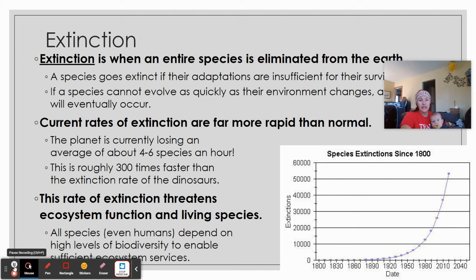So all of these species really affect or are really influenced by high biodiversity. So for humans, we might think like, oh, biodiversity of natural systems, that doesn't matter to me. But it does, because that's where we get our food. We get our medicine from these areas of high biodiversity.